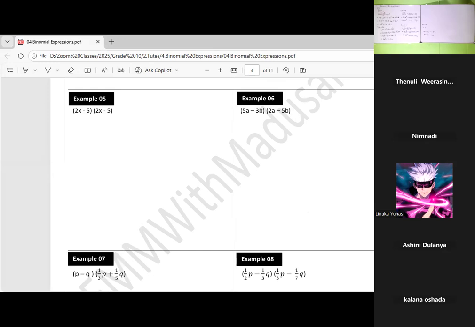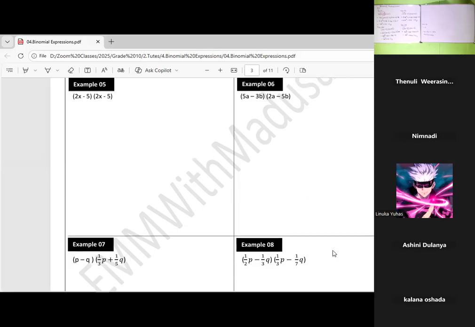Now you have a half as well. Fractions mean the same numbers, no need to worry. I have fractions, how to do this one? You know how to simplify fractions, right? Use your fraction knowledge here. No need to worry.